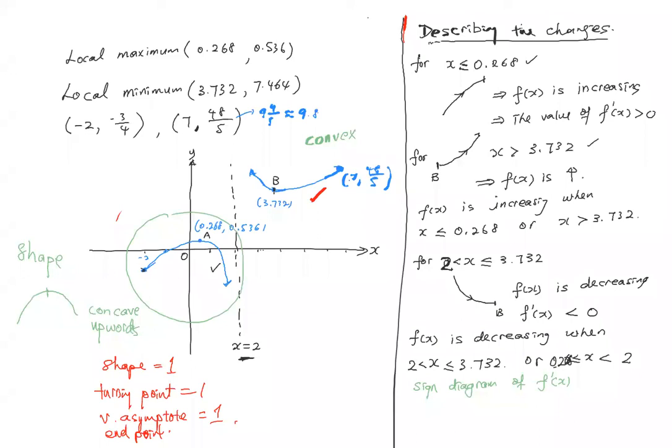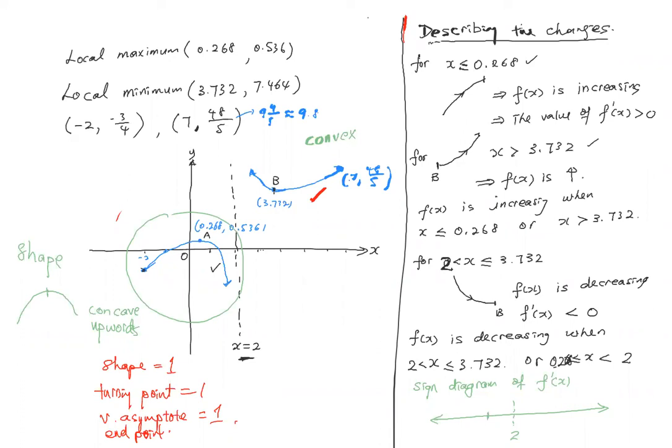When I draw it, I must jot down a few values. One value is the vertical asymptote. The other value is where f prime x equals 0.